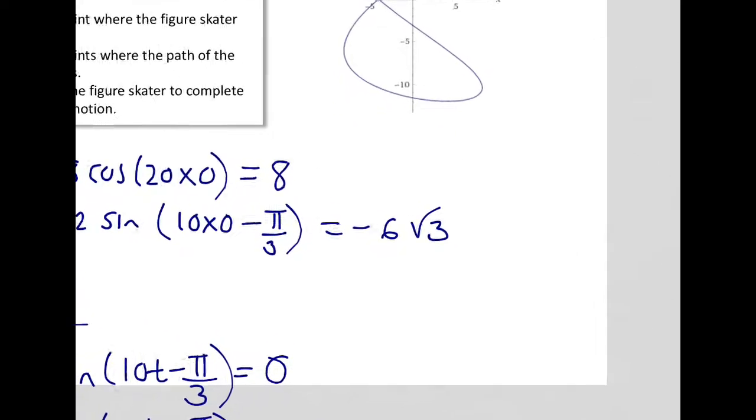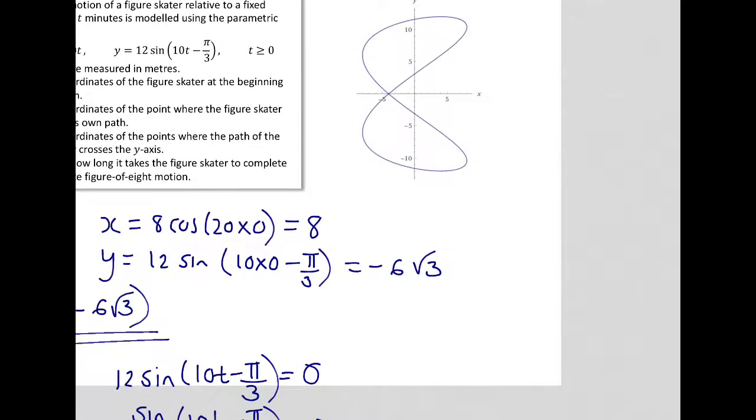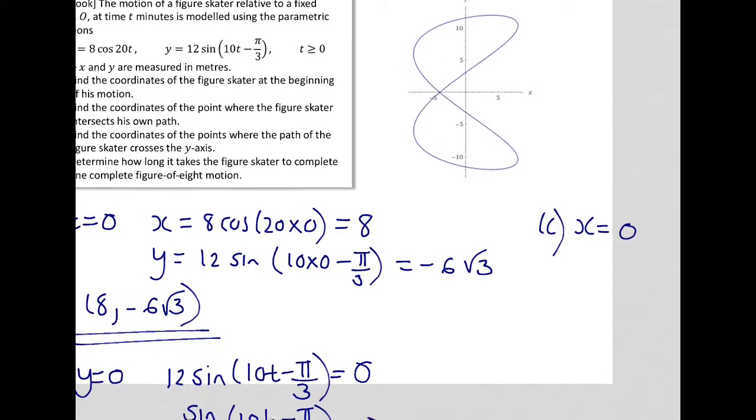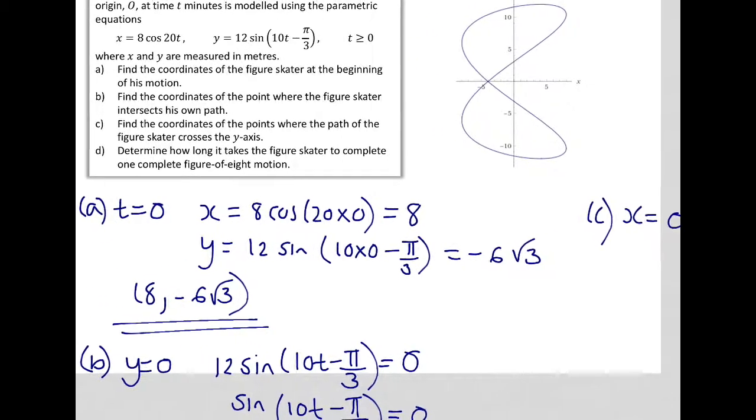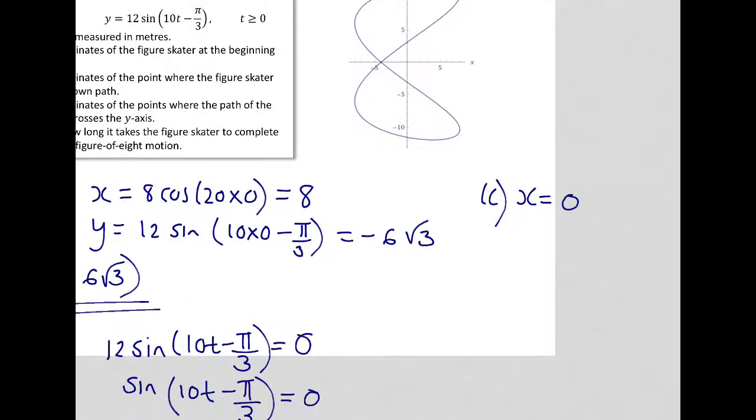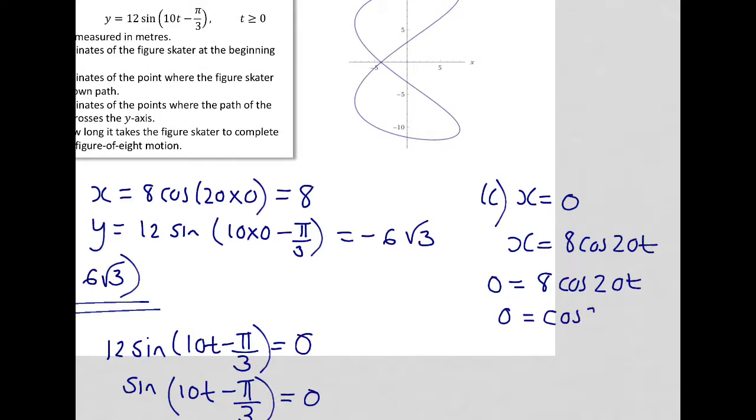What does this actually mean? Well, what it's getting at is if it's cutting the y-axis, x equals 0. So if x equals 0, then 8 cos 20t equals 0, because x equals 8 cos 20t. So 0 equals 8 cos 20t, and 0 equals cos 20t.